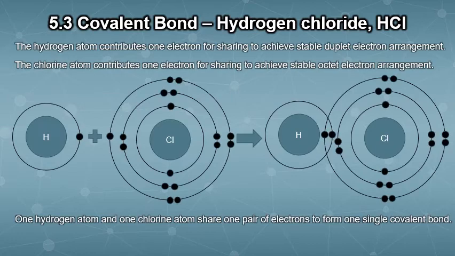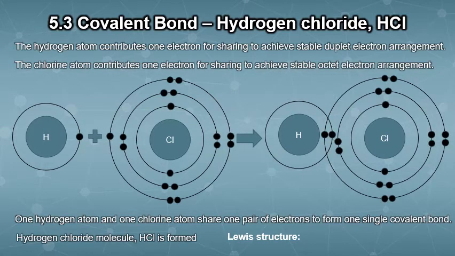So now we look at the process. The hydrogen atom contributes 1 electron for sharing to achieve a stable duplet electron arrangement, while the chlorine atom also contributes 1 electron for sharing to achieve a stable octet electron arrangement. So you look at the hydrogen. Hydrogen has 1 valence electron, and it contributes 1 electron for sharing.